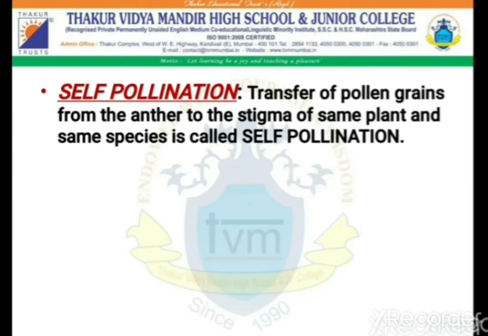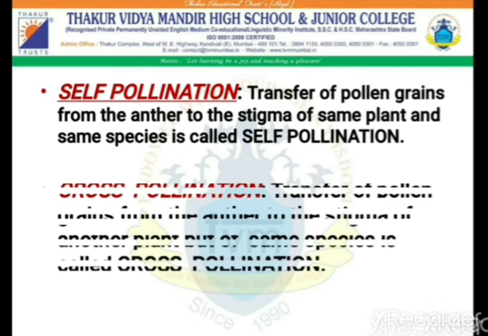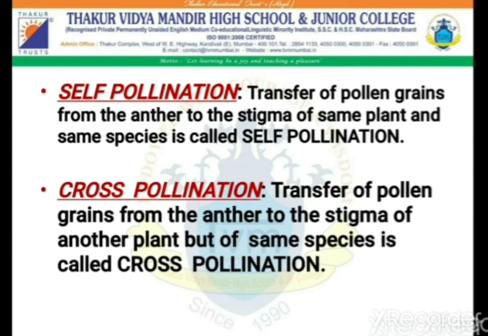If the pollen grains are transferred from the anther to the stigma of the same plant and same species, it's called self-pollination, as we have seen in the diagram earlier. Whereas, if the pollen grains are transferred from the anther to the stigma of another plant but of the same species, it is called cross-pollination.